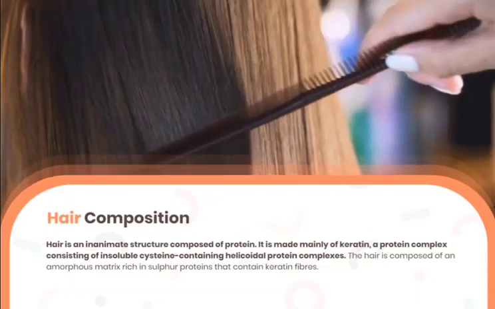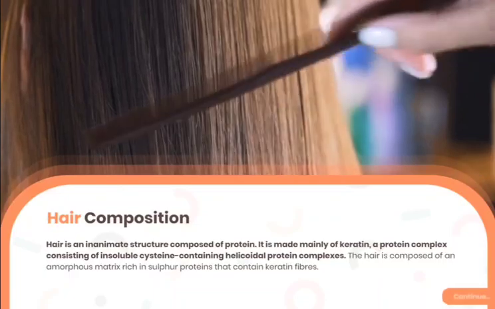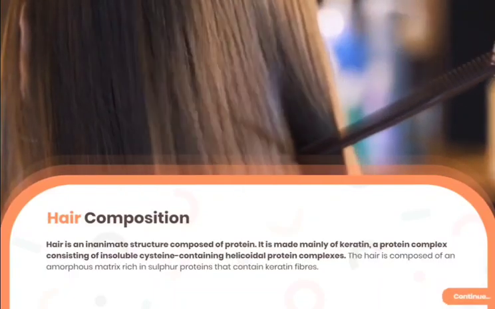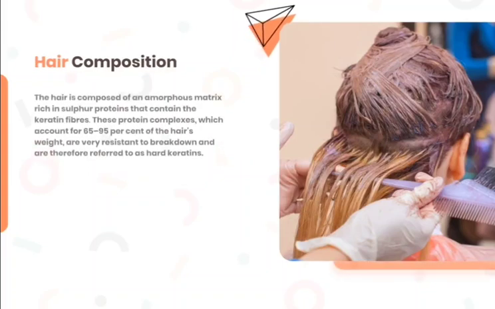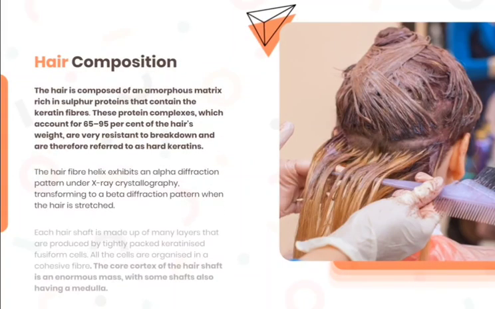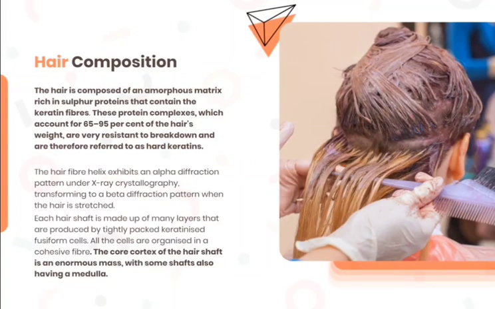The hair is composed of an amorphous matrix rich in sulfur proteins that contain the keratin fibers. These protein complexes, which account for 65 to 95% of the hair's weight, are very resistant to breakdown and are therefore referred to as hard keratins.